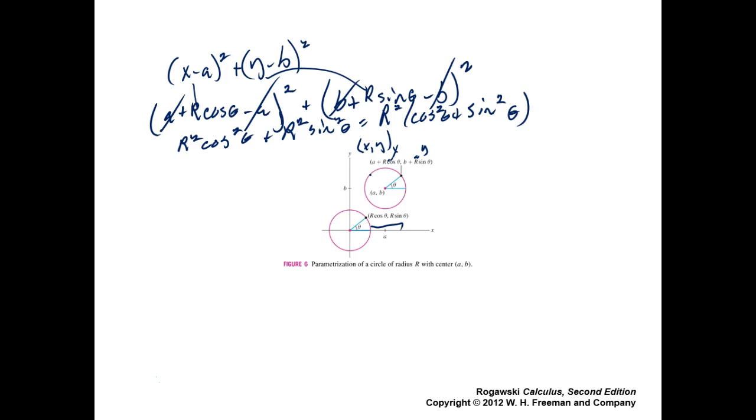Now, in general, to translate, that means to move a parametric curve horizontally a units, vertically b units, replace the c of t, which was x of t, y of t, to plug in what they are.